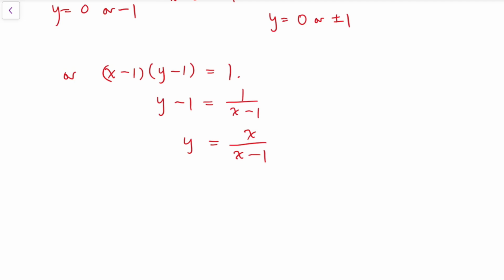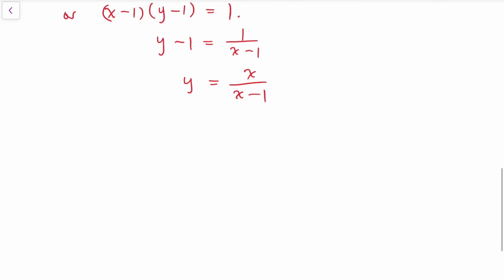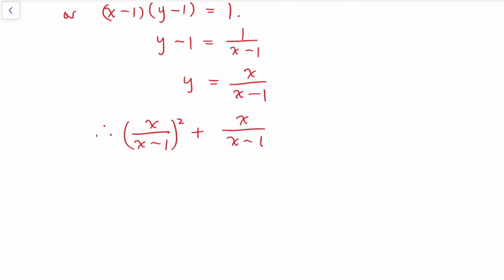Then I'm going to put this into the second equation. And so we have (x over (x - 1)) all squared plus x over (x - 1) equals x cubed minus x.